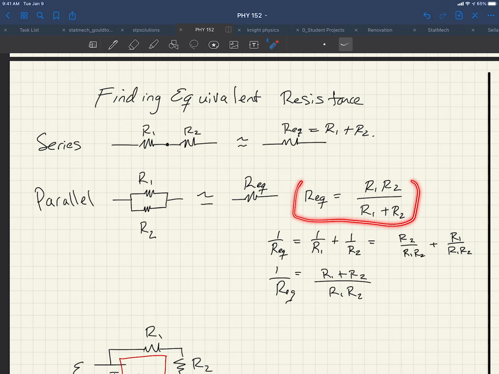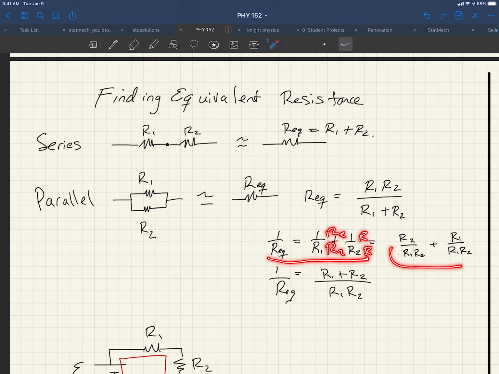So where did this equivalent resistance come from? As we saw last week, 1 over R_eq is 1 over R1 plus 1 over R2, which to combine these, we need to get a common denominator, which means I need to put an R2 here, an R2 here, and an R1, and an R1, right? This is what we're getting. We then combine that to R1 plus R2 in the denominator of R1 R2.